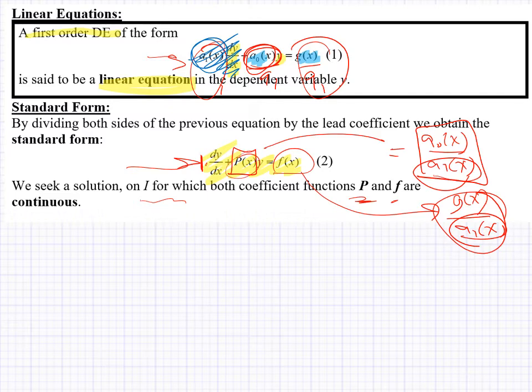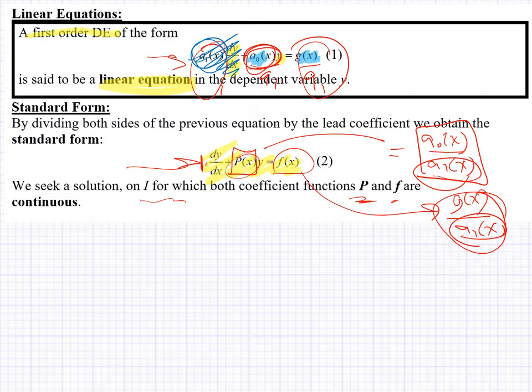This section is really important because it's going to be the basis for a lot of what we're going to do the rest of the semester. This is first order linear differential equations. We've solved first order equations a bunch of different ways so far this semester, and the idea is that we've used what we've learned before to learn the next method of solving.